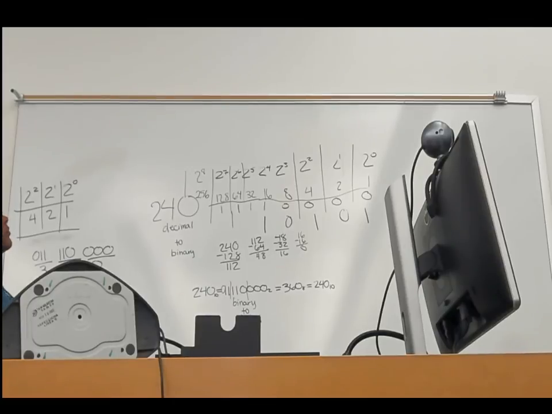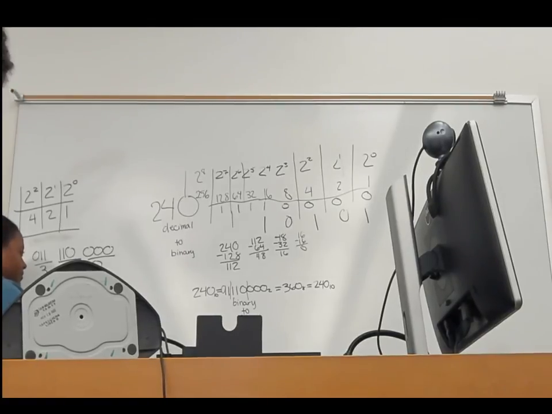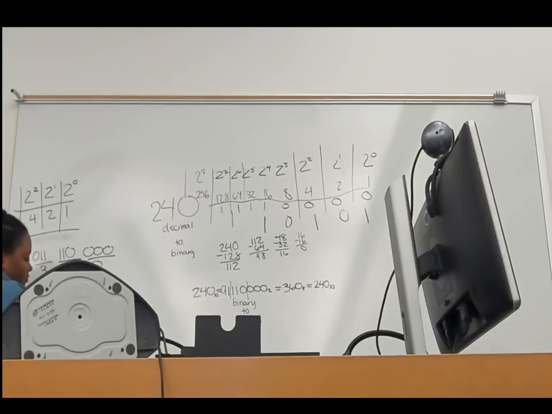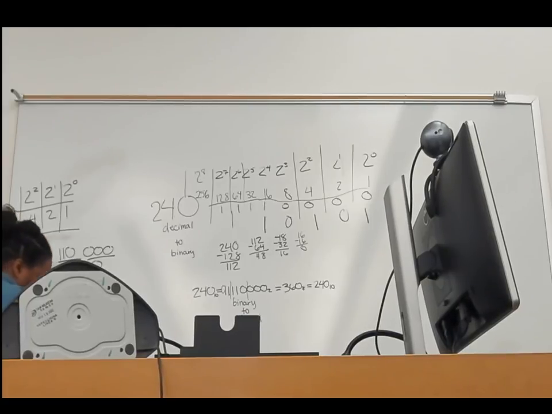Which one is that one? This is binary to decimal. She took 10101 in binary and converted it to a decimal value, which is 21.